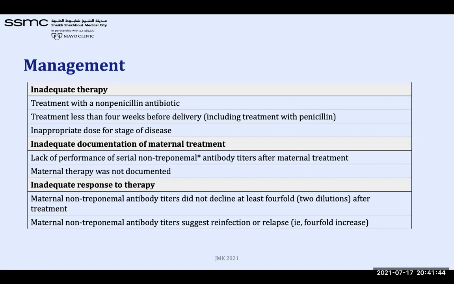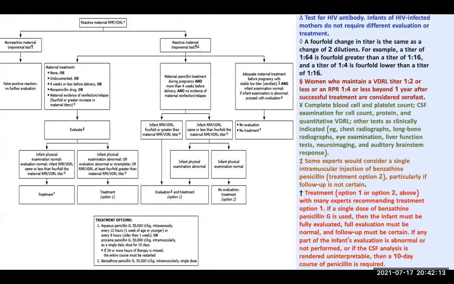Treatment with a non-penicillin antibiotic, treatment less than 4 weeks before delivery, inappropriate dose for the stage of the disease, inadequate documentation of maternal treatment, and inadequate response to therapy, meaning maternal non-treponemal antibodies did not decline at least fourfold. So these are very important tables when you are treating the babies: what is the meaning of the different things, how you proceed, and how you plan your management.